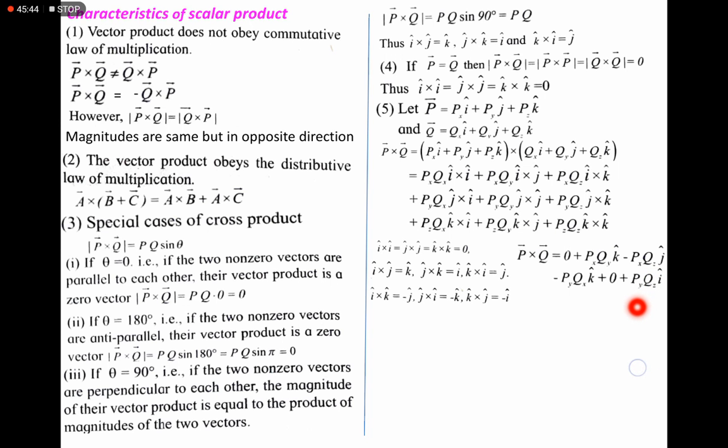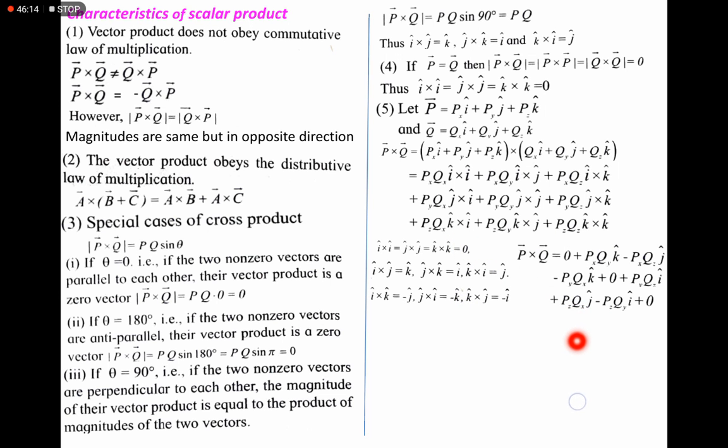Like that we have to replace the unit vectors according to the cross product of the unit vectors, and we have to use this property. Then the third one becomes minus, because k bar cross j bar is minus i bar, and here k bar cross i bar is j bar.